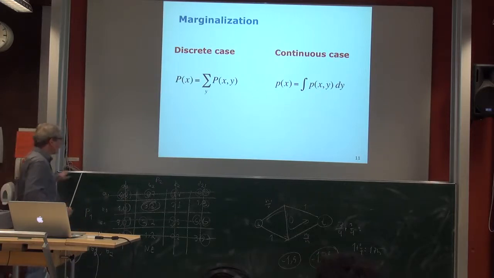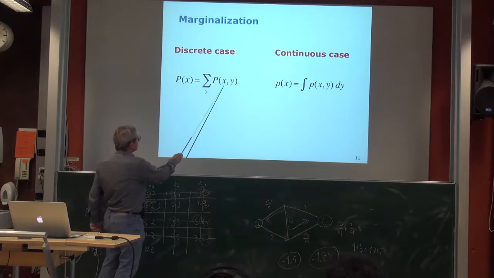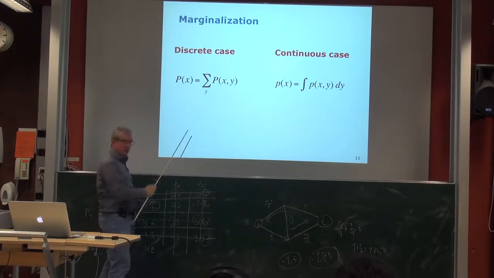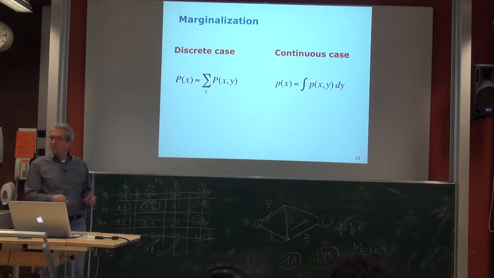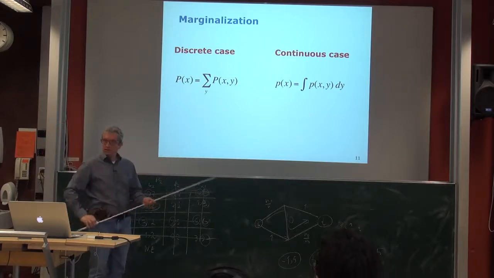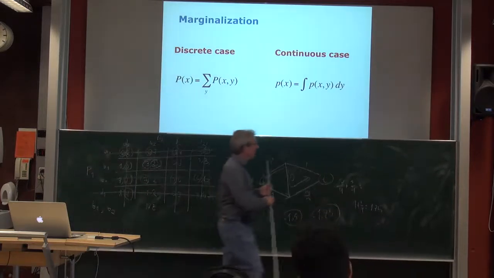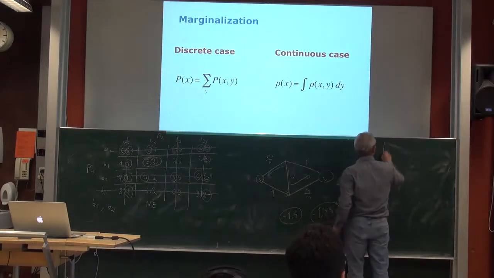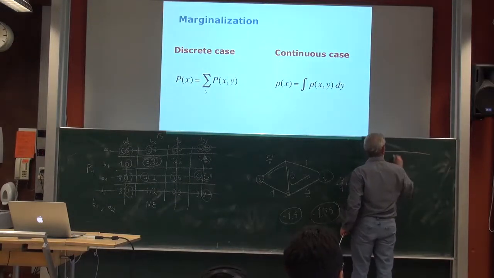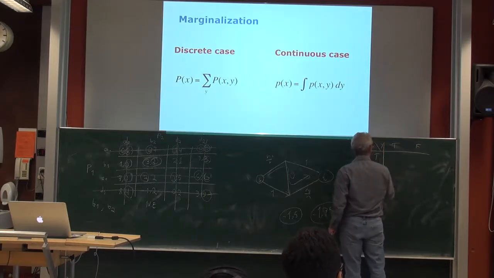If you think about binary variables x and y, you can specify those quantities by a two-dimensional table. In a two-valued case, you would have a table for x and y with true, false, and true, false.